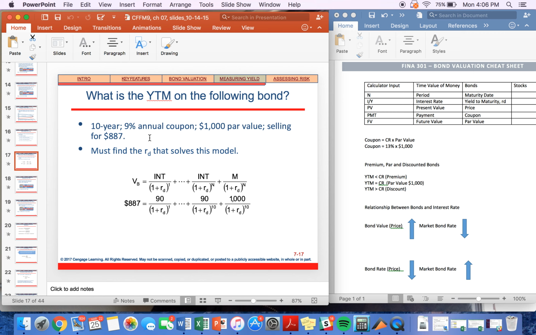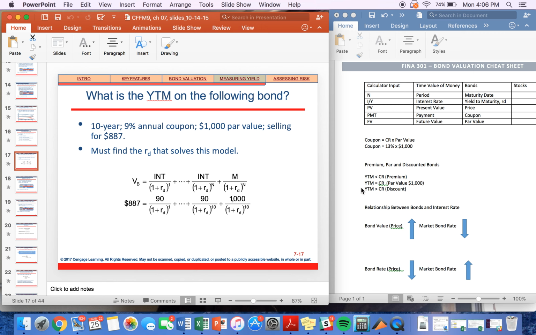But we know that looking at the selling price, because it is below $1,000, it's going to be discounted. So if you go back to your discount bond rule, to be discounted, your yield to maturity has to be greater than your coupon rate. And so my coupon rate is 9% today, okay? So I know that when I solve for this, my yield to maturity will have to be greater than 9%, okay? So that's how I check my work.